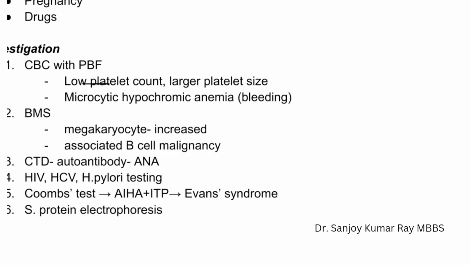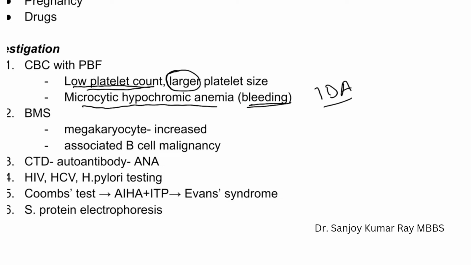CBC will show low platelet count, and the PBF will show the platelets are larger in size, and there may be microcytic hypochromic anemia in the PBF due to long-term bleeding, that is iron deficiency anemia. It may be found or not.